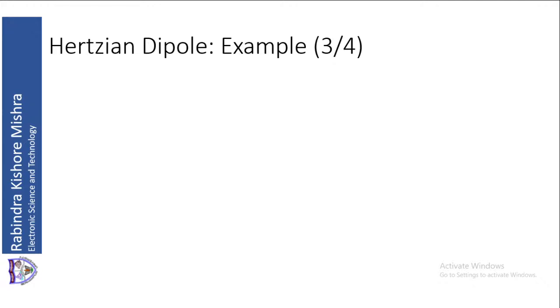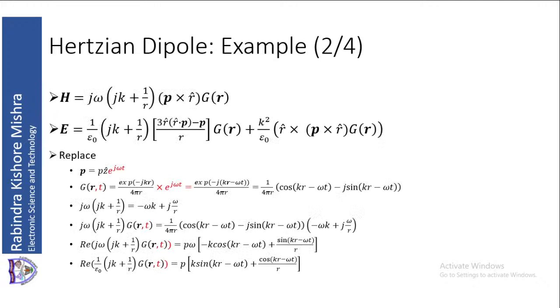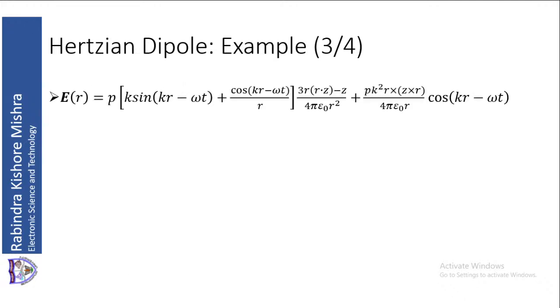If you do these replacements, then the electric field becomes E(r) equal to p into (k sin(kr minus omega t) plus cosine(kr minus omega t)) by r into (3 r (r dot z) minus z) by 4 pi epsilon 0 r square, plus p k square (r cross (z cross r)) by 4 pi epsilon 0 r into cos(kr minus omega t).